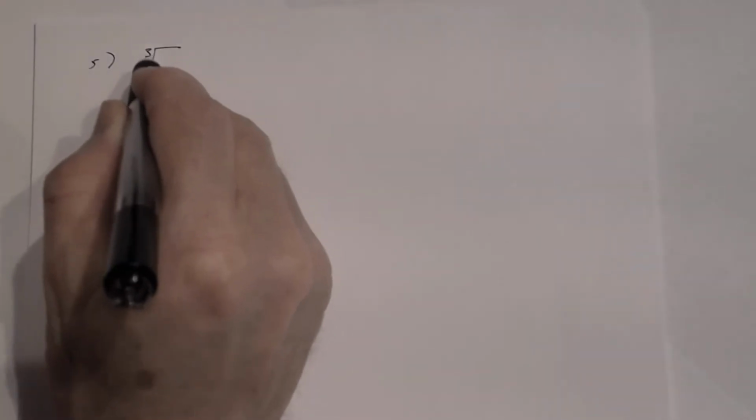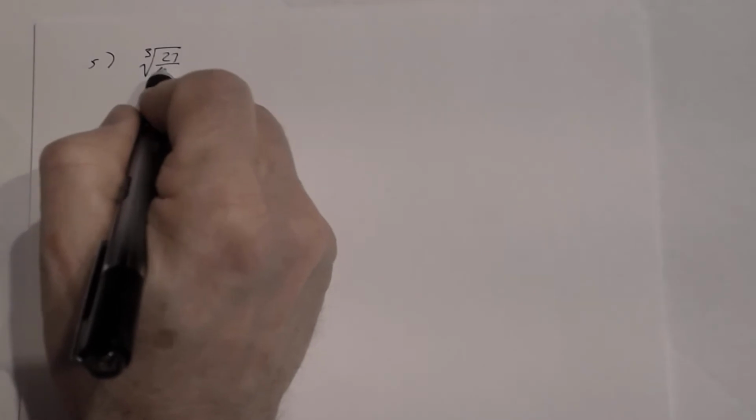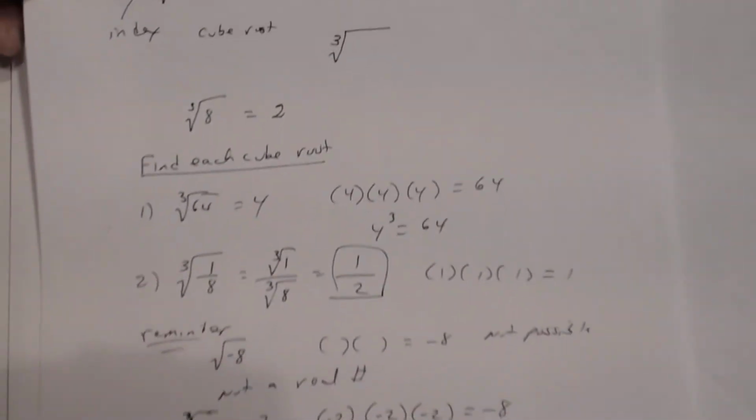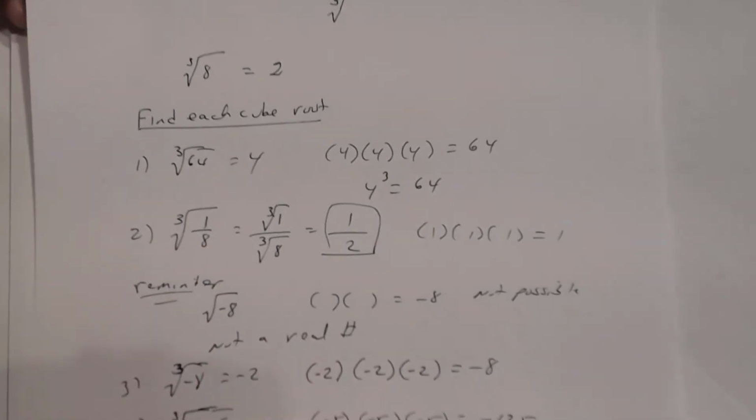Okay, let's do number 5. Let's suppose we had this for number 5. We have the cube root of 27 divided by 1,000. Just like we did in this problem here, where we wrote it as the cube root of the numerator divided by the cube root of the denominator, do the same thing.